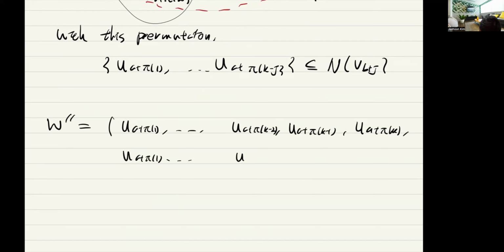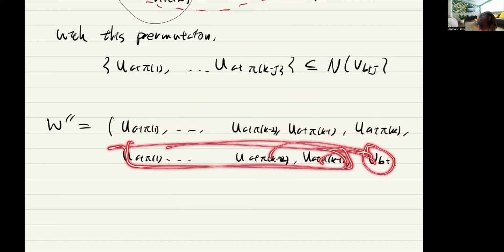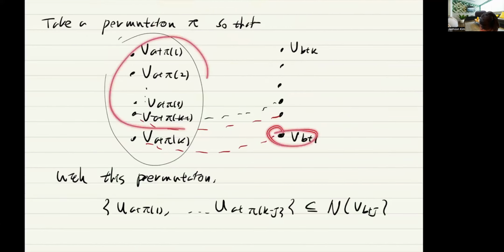But now in the new sequence, what you do is you replace the last one with V_{B+1}. So this is still a k-clique walk. Why? This new one is adjacent to every k minus 1 thing here by our choice.